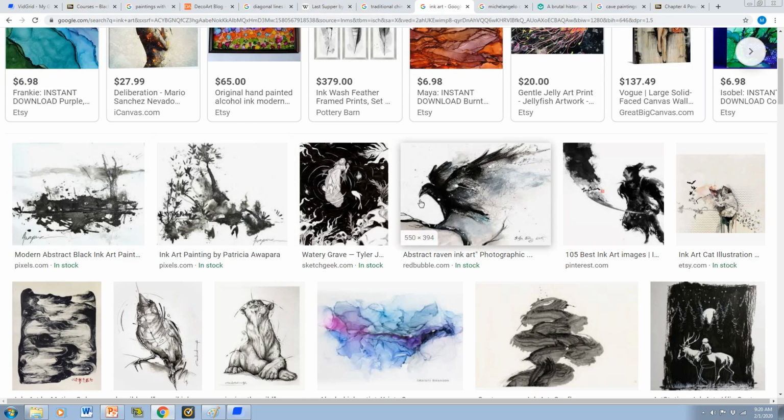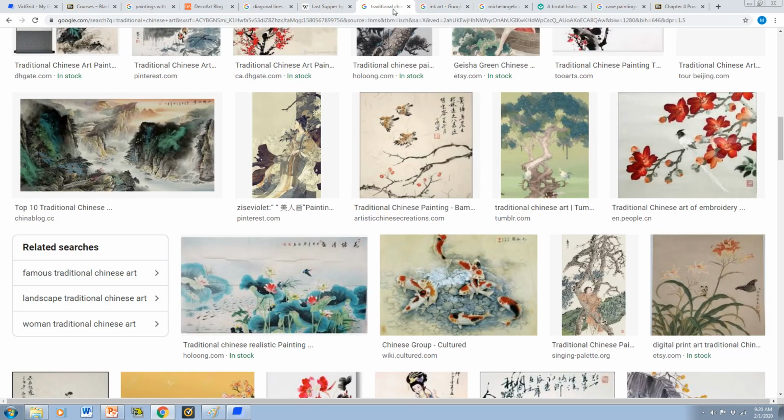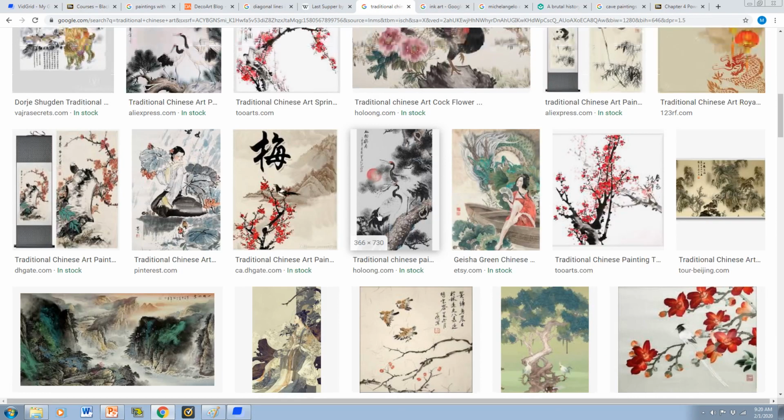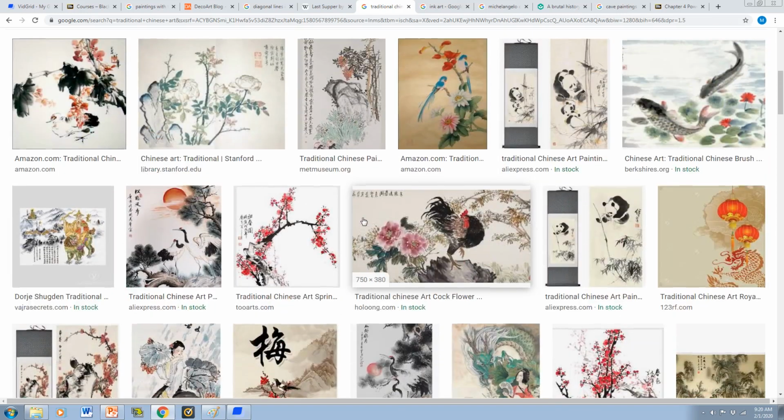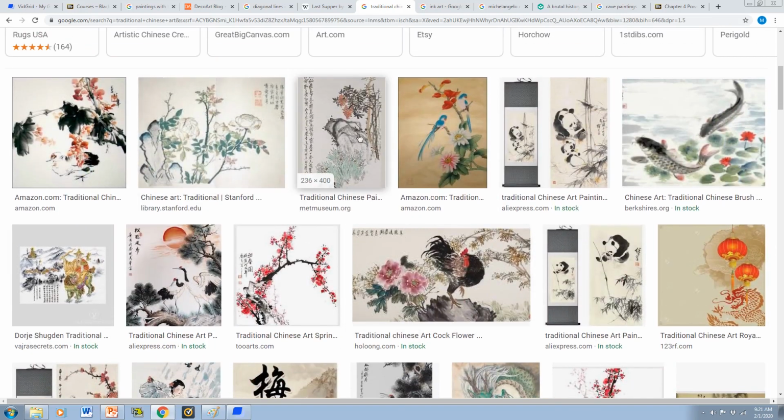And again, just to throw a couple little anecdotes or other extra little pieces of information, if you look at traditional Chinese art, you can see a lot of the time it's ink on scroll, so they tend to use some different traditional materials. The other thing you notice on page 71 is that you always see an inscription.